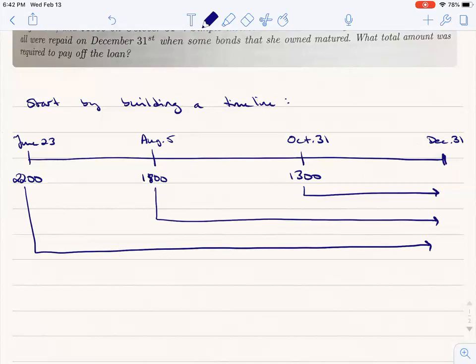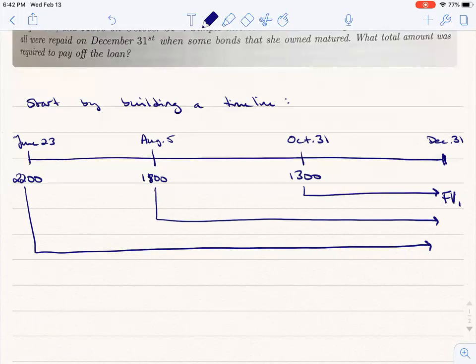And to indicate that we have to calculate this amount, I'm just going to write FV, but because we're going to have FV1, FV2, FV3, it's best that you just indicate those with a subscript. So I'm going to have FV1, and the subscript doesn't matter.